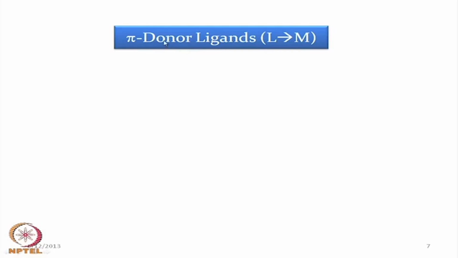But before discussing in detail the molecular orbital picture for those interactions, let us now see the pi donor ligands from the ligand side.